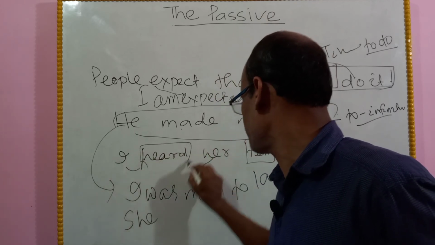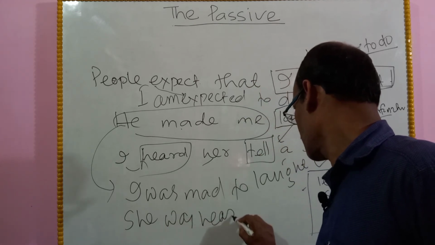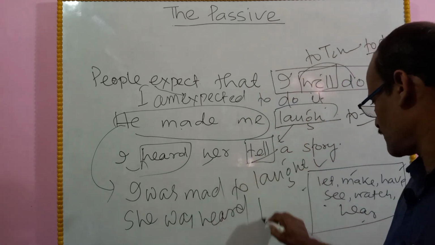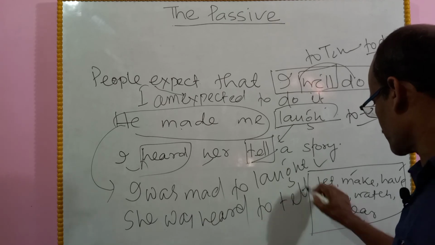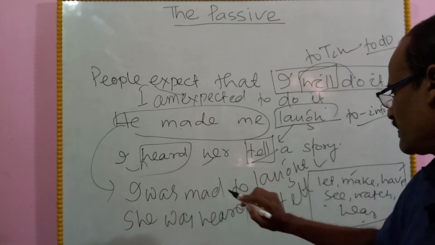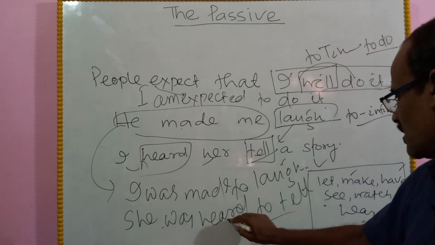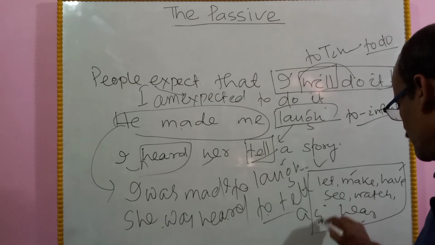Heard is simple past: she was heard. Tell, to tell. So the non-finite changes to to plus infinitive. I was made to laugh. She was heard to tell a story.